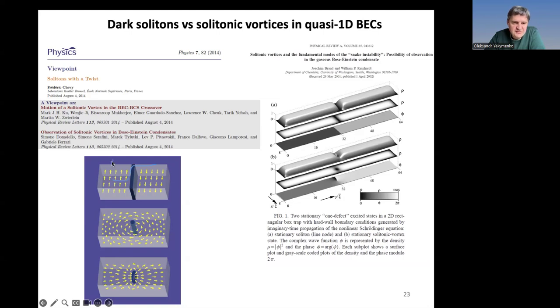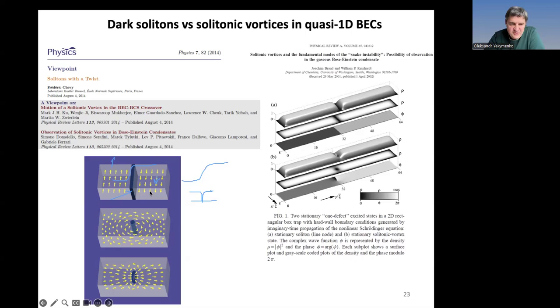So at the left you have a phase which has a pi jump between this region, and this is kind of a domain wall here. This is the illustration of a so-called dark soliton, which means that if you have the density, it's indeed kind of a dark region here, okay? So, dark soliton.